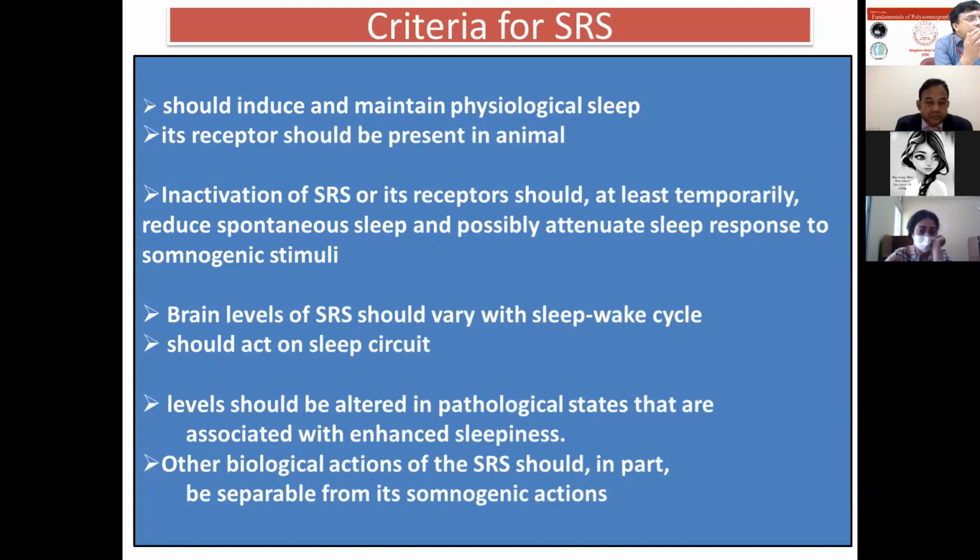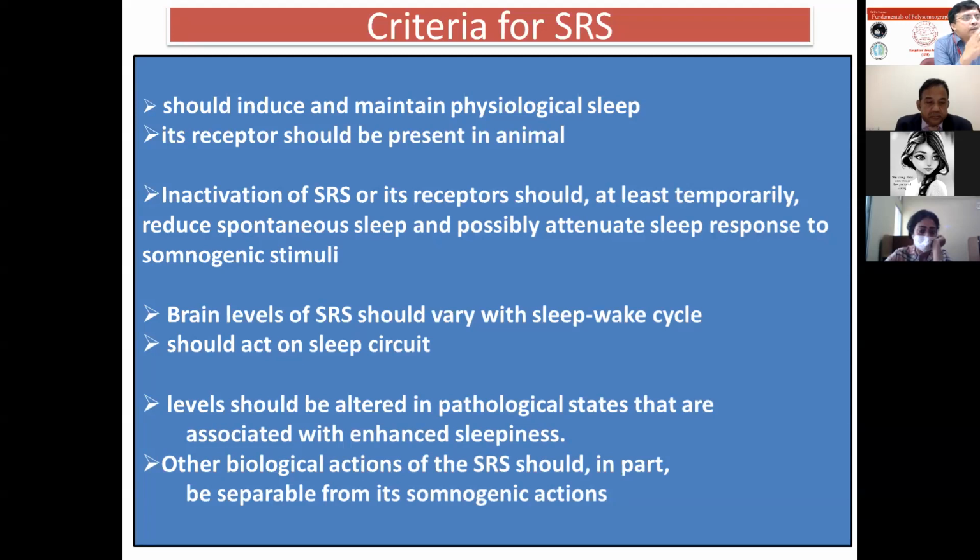These substances should also act on the sleep circuit, which I briefly told you about in the past two slides. And these substances should also be altered in pathological states associated with enhanced sleepiness, or even in physiological states like sleep deprivation or sleep restriction.